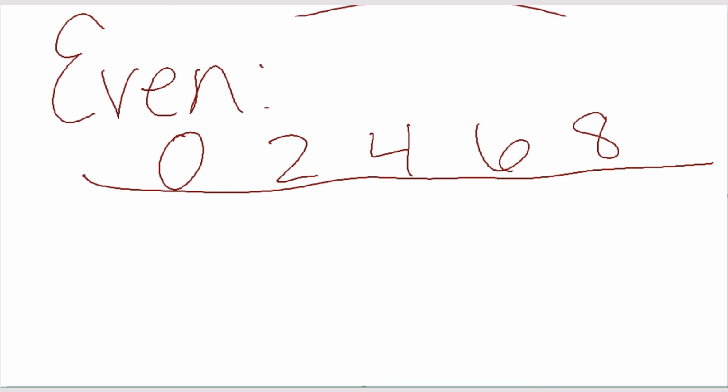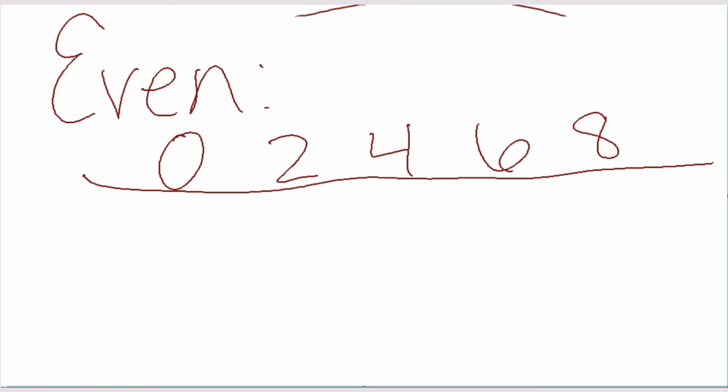So that would still be 10, 12, 14, 16, and 18. And it would still be 20, 22, 24, 26, 28. That's how we count by 2s.